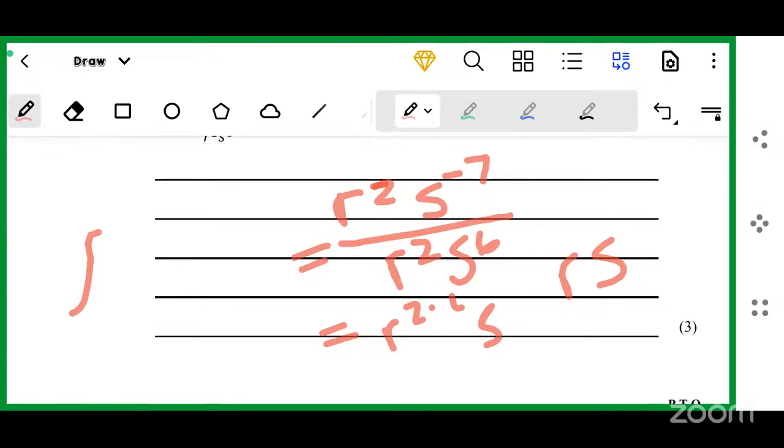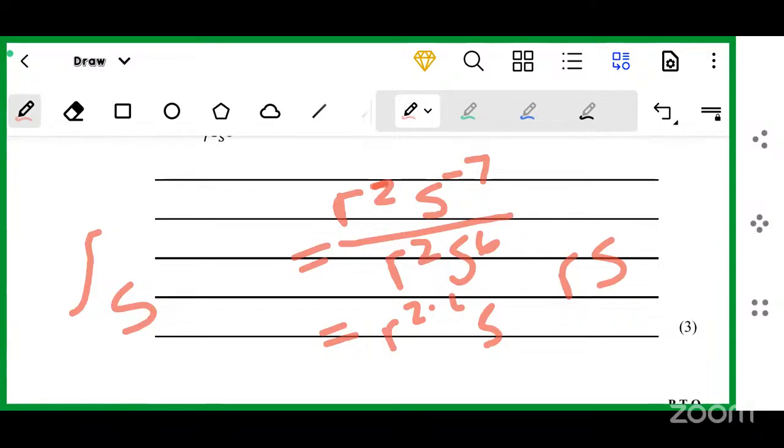So it's going to be -7 minus 6, because we are dividing. And when we divide the same bases, we subtract the exponents. So it's -7 minus -6, and my final answer is going to be RS to the power of -13.